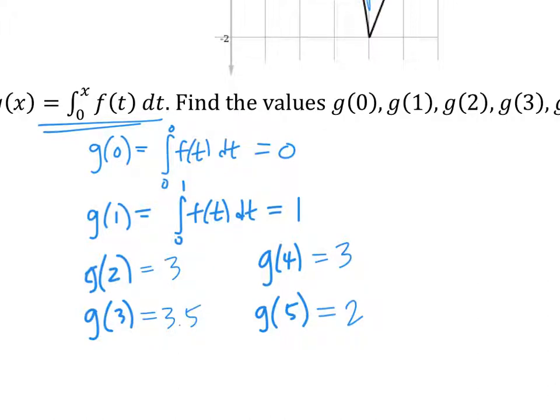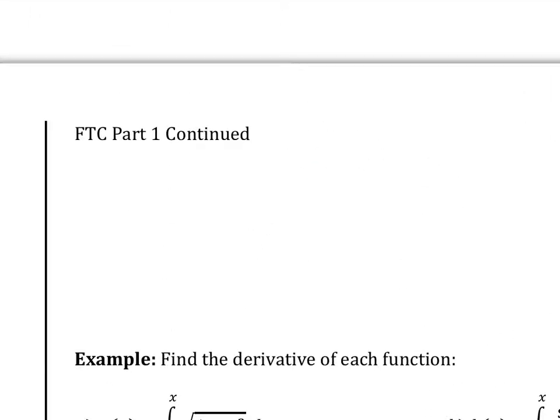Okay, let's look at the actual FTC. Now the second part. If you look at FTC part 1, it says g of x is equal to the integral from a to x of f of t dt. The second part says, therefore, g prime of x is equal to f of x.